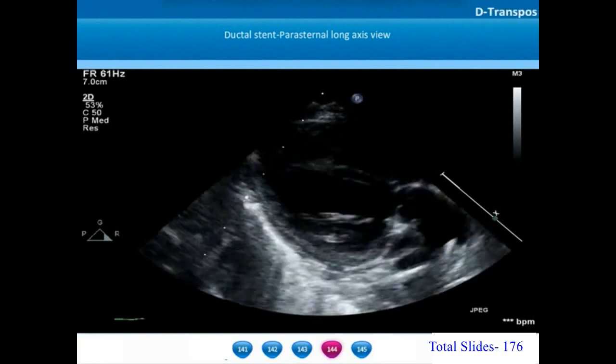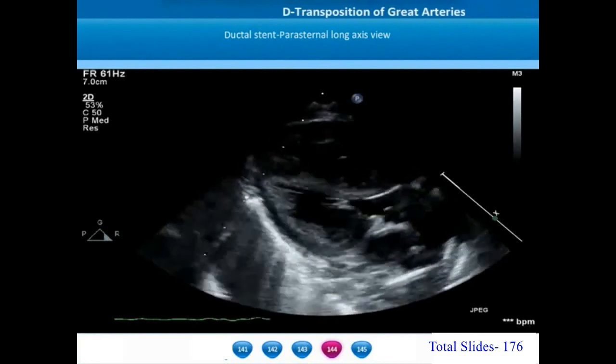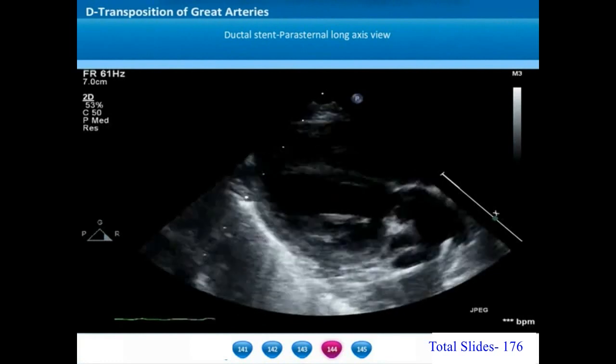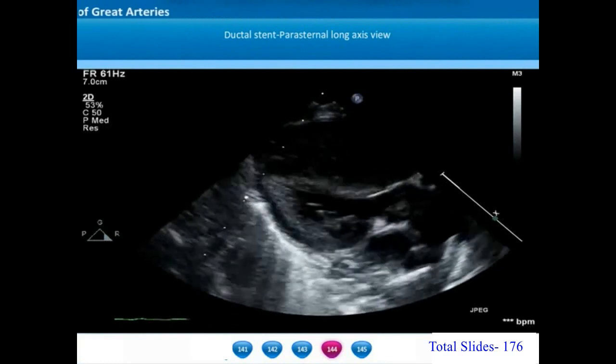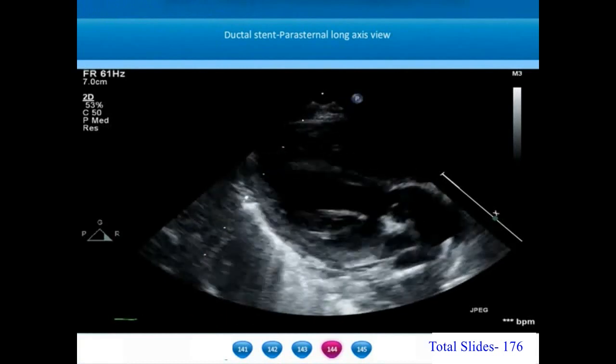This is a parasternal long axis view showing the well-developed left ventricle, the pulmonary outflow tract, and the ductal stent is seen in the roof of the main pulmonary artery.